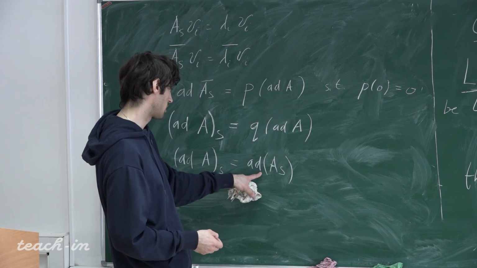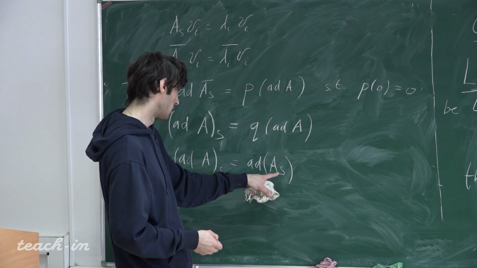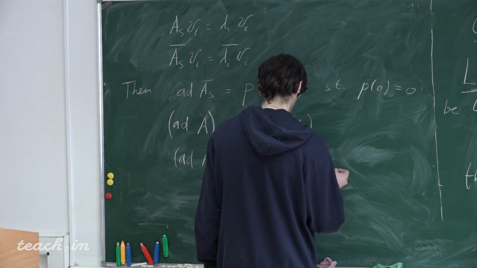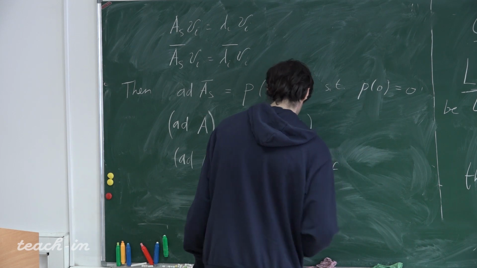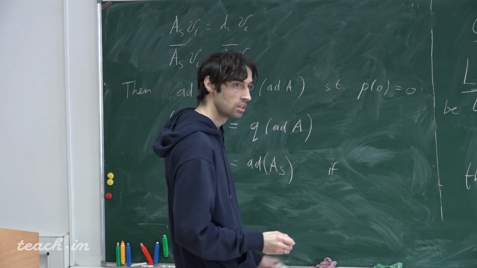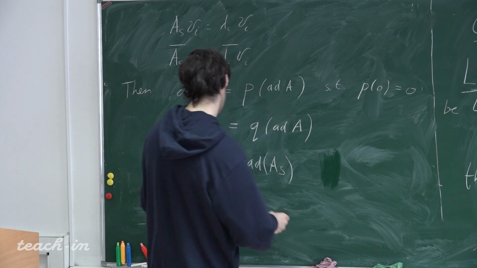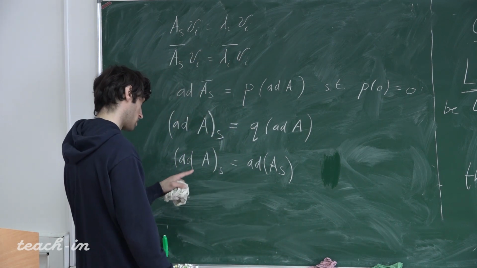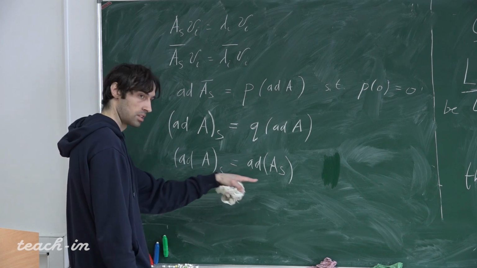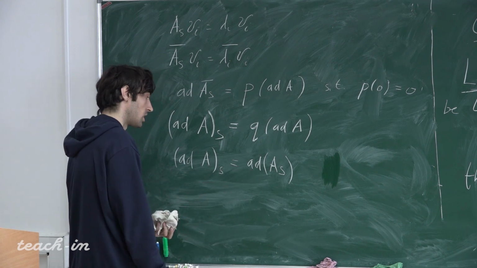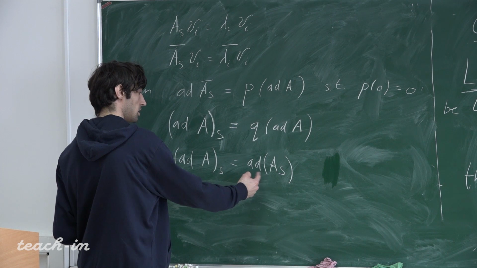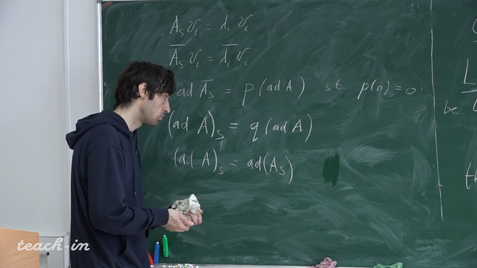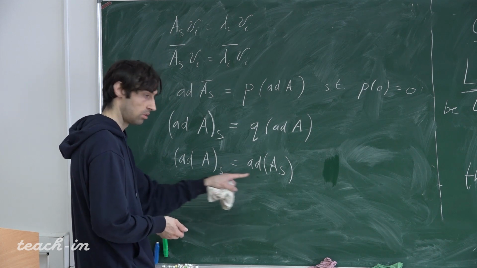So the fact that this is diagonalizable we can see right away. I'm kind of justifying why this is true, but at least we can see that this is diagonalizable, and we can actually see what the eigenvalues of this are.